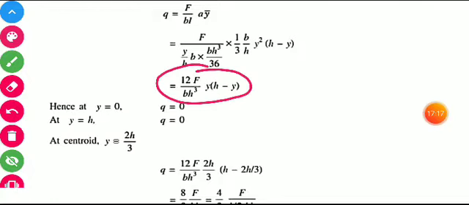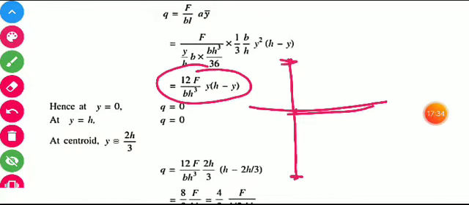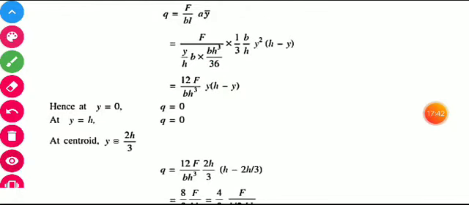So at y equal to 0, you consider y from the top. In this case you consider y from top. So at y equal to 0 and y equal to h, both the values of shear stress distribution will be equal to 0.